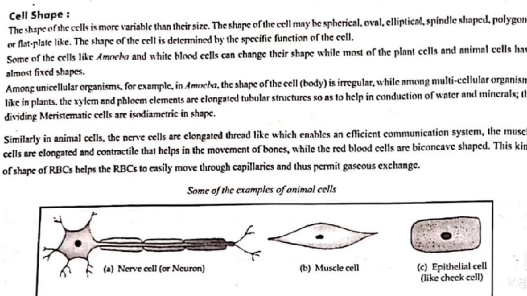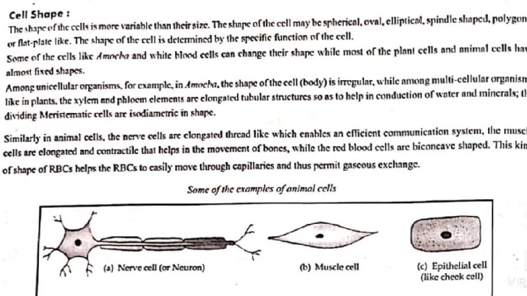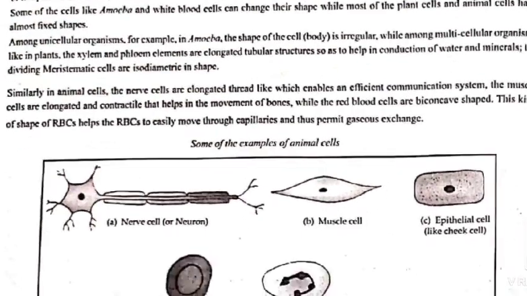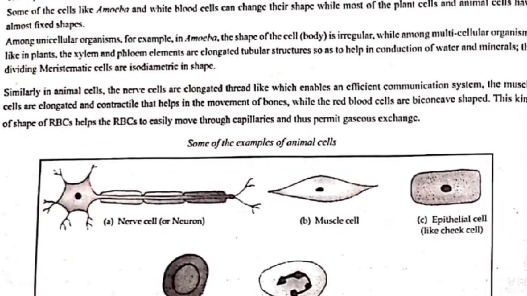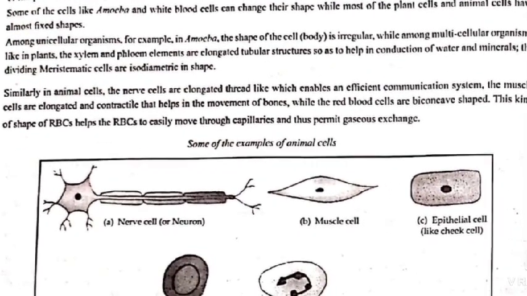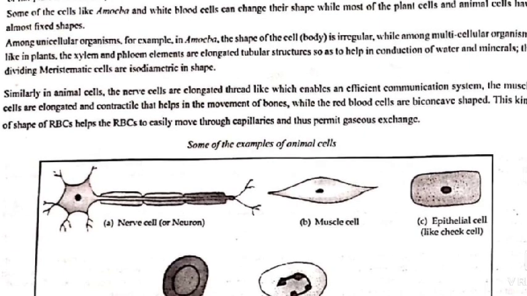The dividing meristematic cells are isodiametric in shape.